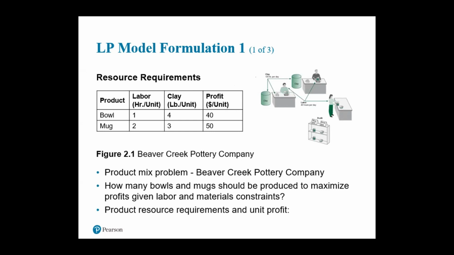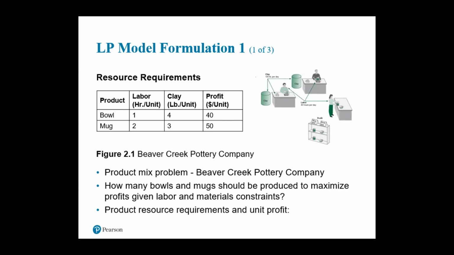So we are now dealing with our constraints. 1 hour will give us 1 bowl. I could have written the 1, but X standing alone means it is multiplied by 1. That's why I have not put it there.